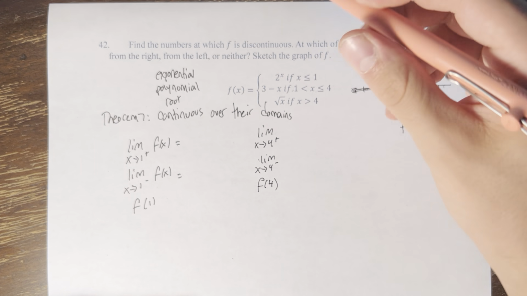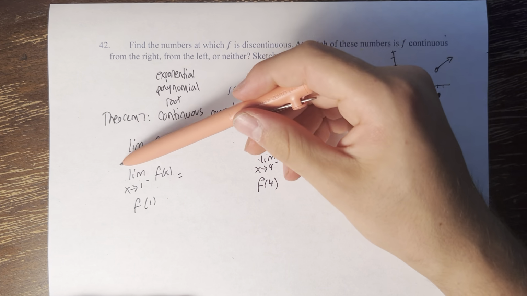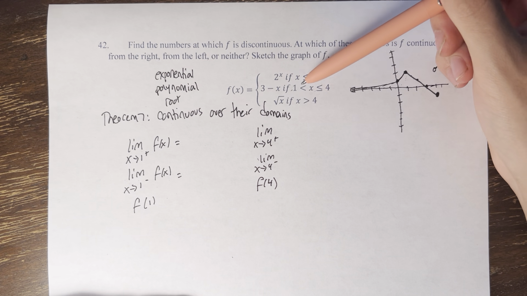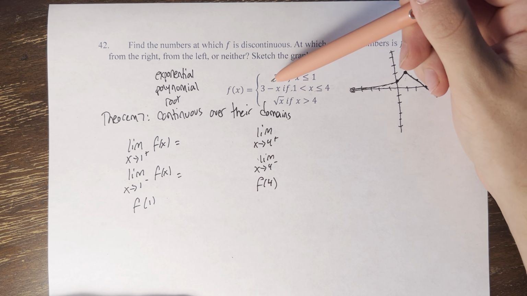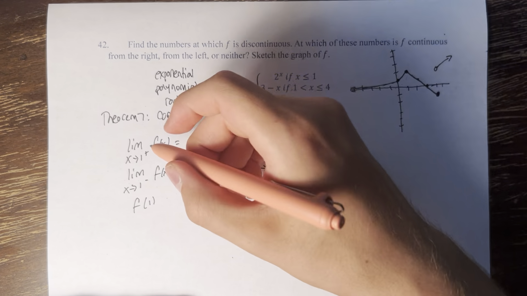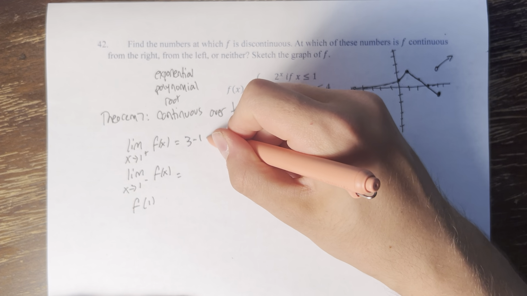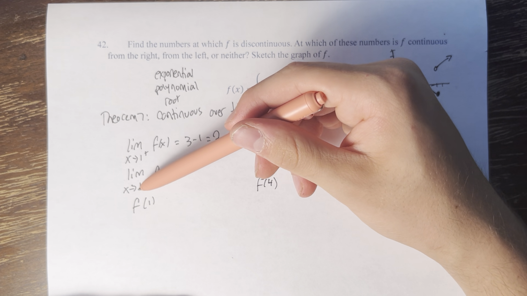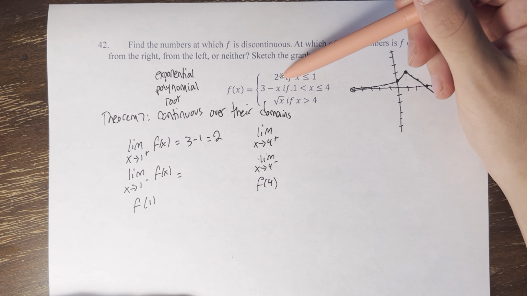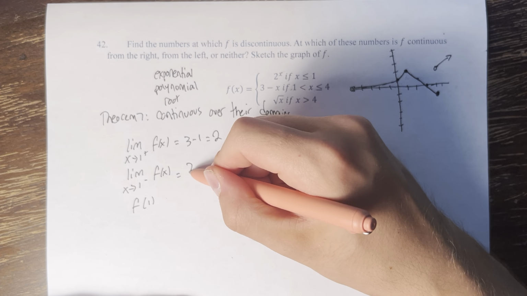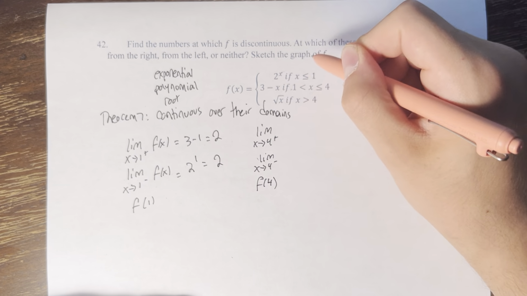So how do we find these? Well, the limit as x approaches 1 from the right, these are going to be values greater than 1. So if x is between 1 and 4, we're going to use 3 minus x. And there's no domain restrictions here, so you can just plug in directly. 3 minus 1 is equal to 2. As x approaches 1 from the left, that's values smaller than 1, so we're going to use 2 to the x. Again, we can just plug in 1 directly, so 2 to the 1 is equal to 2.